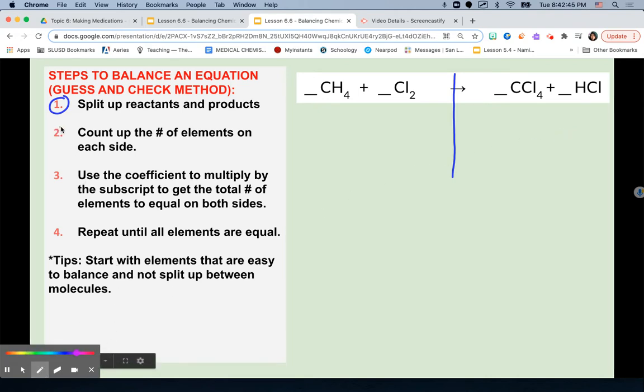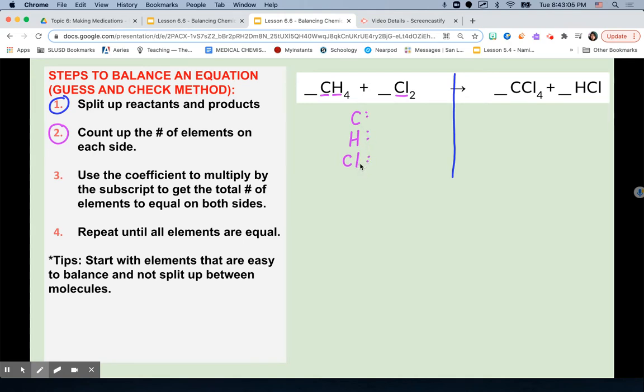In my second step, I'm going to count the number of elements on each side. So I see 3 capital letters on the reactant side, or before the arrow: C, H, and Cl.